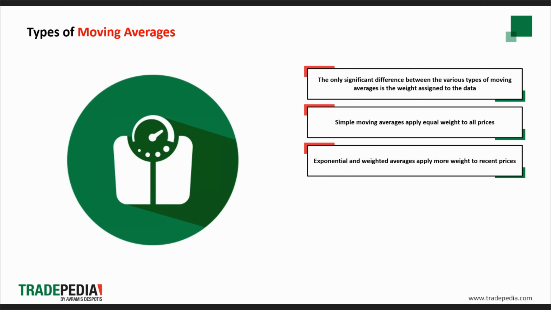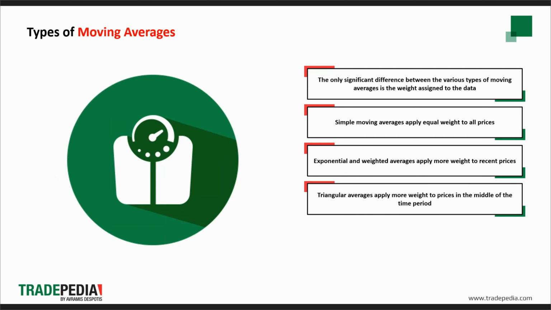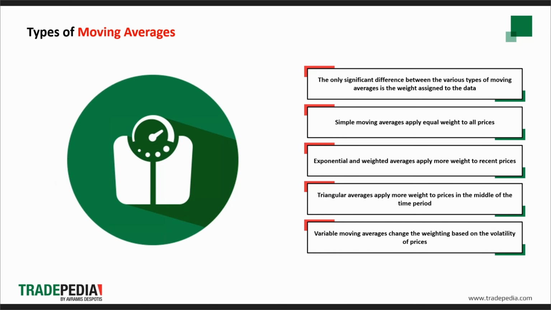That's what exponential and weighted averages do. And then there are also triangular averages. Triangular averages apply more weight to prices in the middle of the time period. And there are also variable moving averages. They change the weighting based on the volatility of prices, how volatile price swings and chops around.